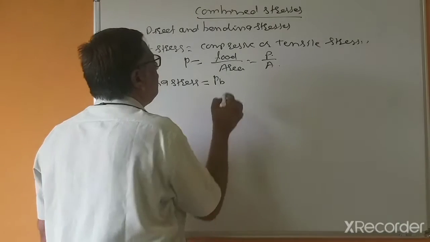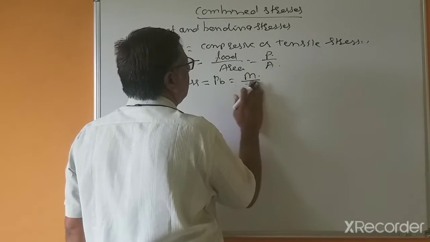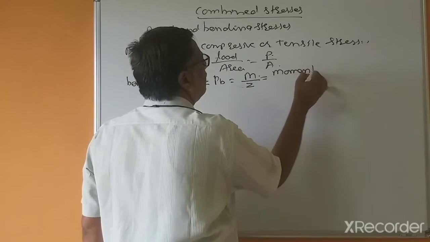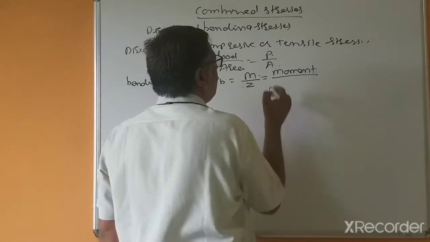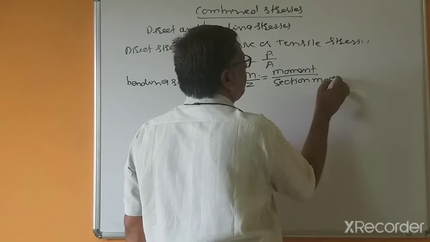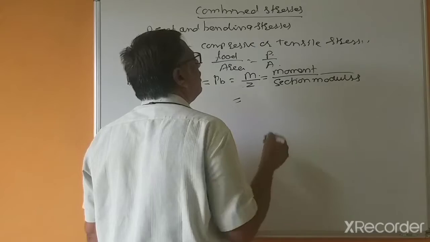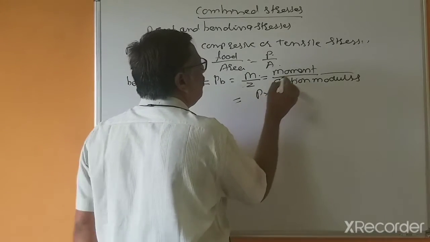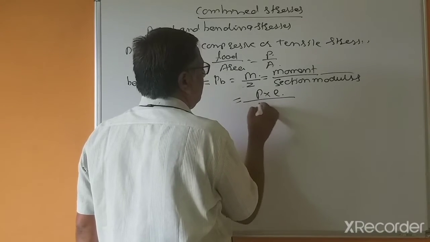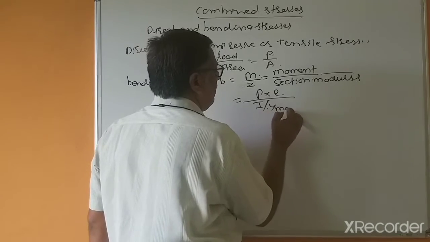So pb equals M divided by Z, where M is the moment and Z is the section modulus. M equals P into e, the eccentricity, and the section modulus Z is the ratio of I divided by Y max.